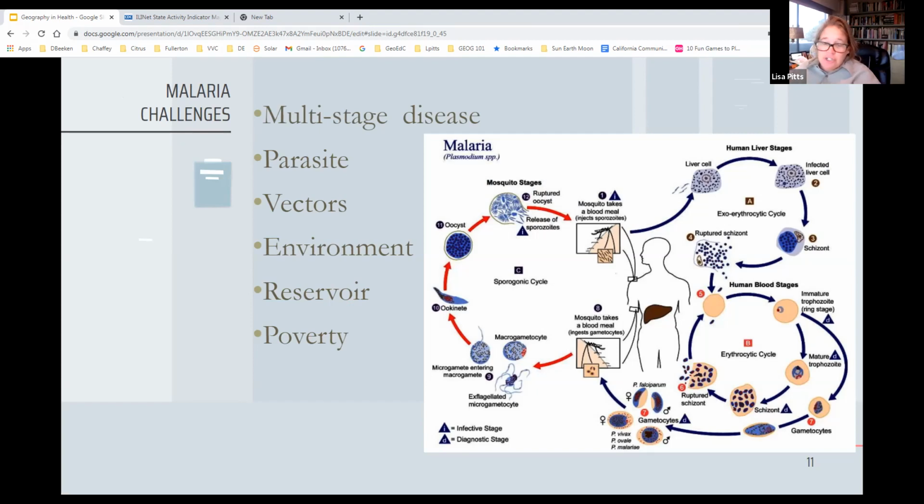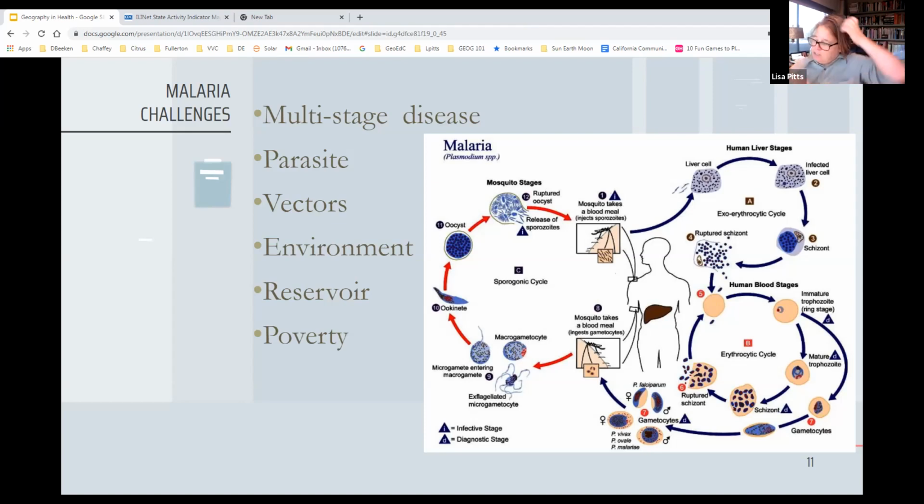So some of the challenges associated with malaria is it's what we call a multi-stage disease. So it's got a variety of stages. So it's got like the infectious stage, which they call the exoerythrocytic cycle. And so there's the stage where you have it and it's not causing any problems, and then you have a stage where it's causing problems, and you transmit the virus, and then there's another stage.